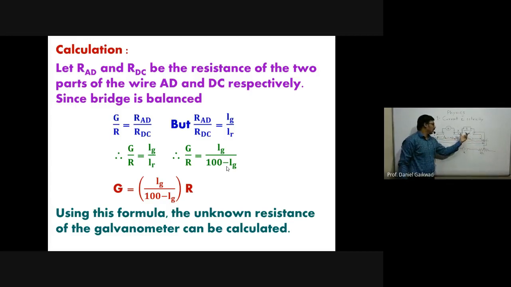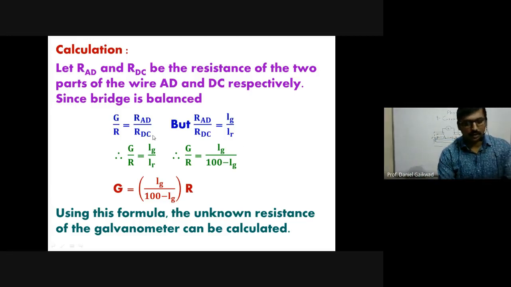So that 60 we can write as 100 minus 40. So we have LG on the left hand side, and on the right hand side the total 100 minus LG as LR. So instead of LR, we write 100 minus LG. All this length will be taken in centimeters.